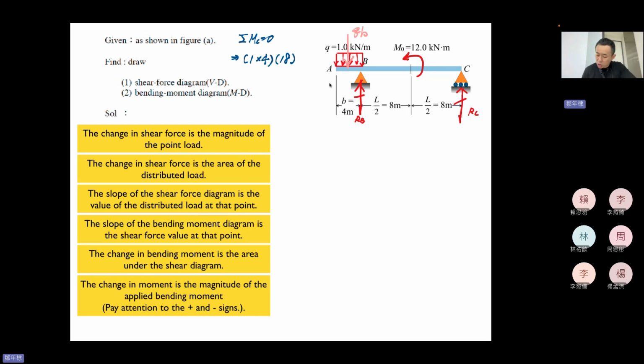And you see the QB rotates about C counterclockwise, so this is positive. How about RB? RB is clockwise, it's negative. So it has minus RB times 16, A plus A, right?